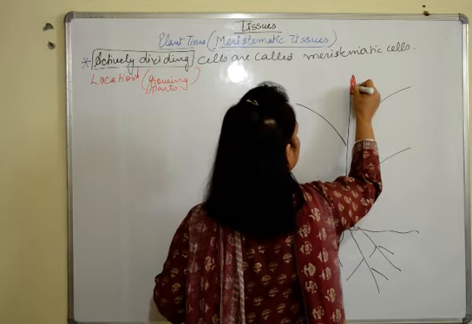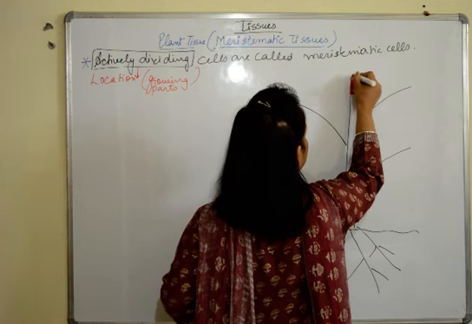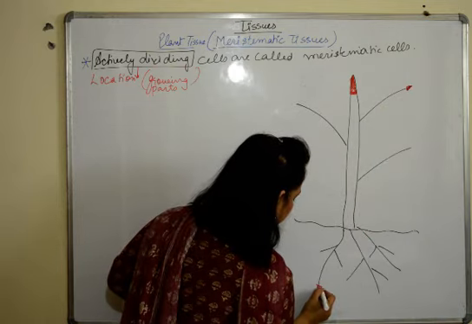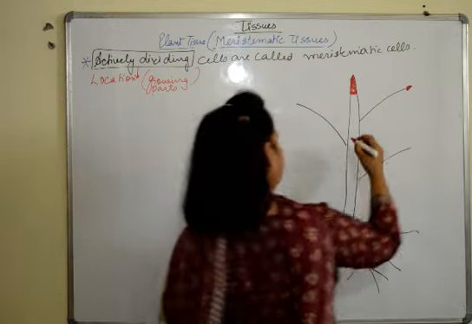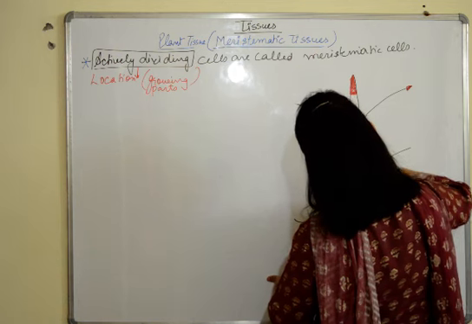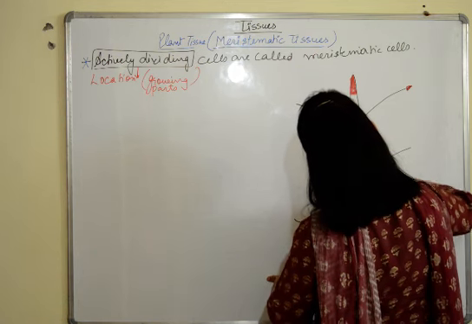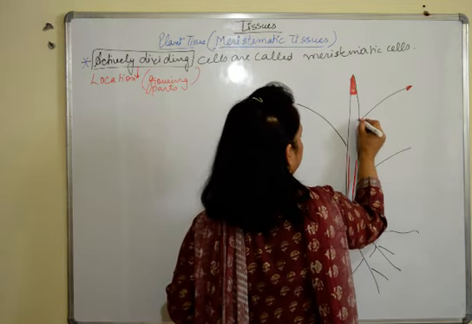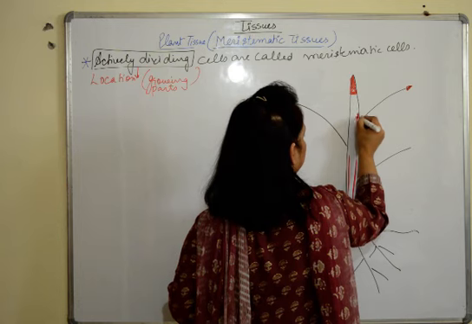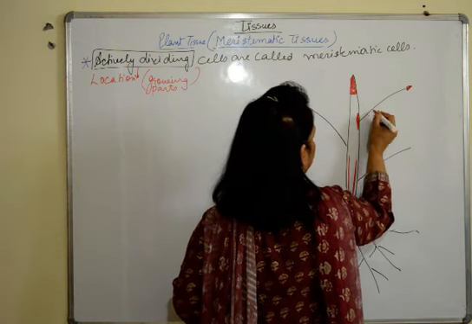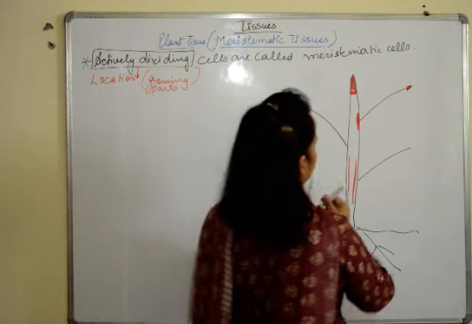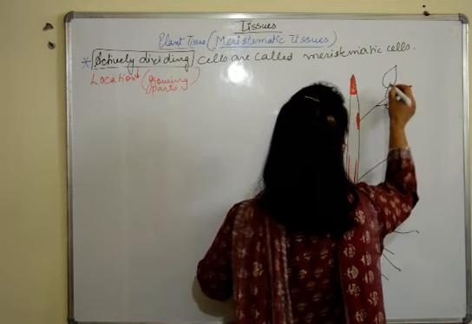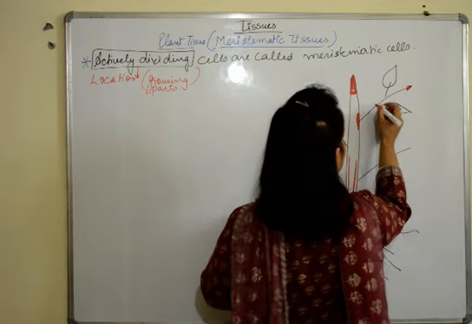Let me just shade the parts wherever they are present. Then we have the other one, and then we have the last one. I'll make a leaf or something here, here and here.